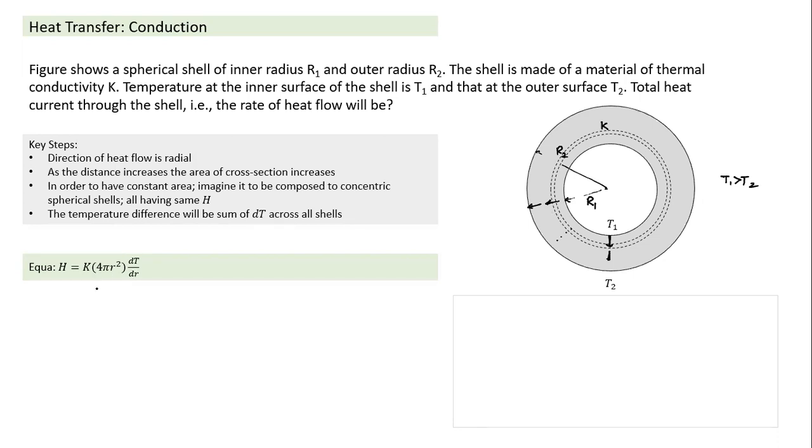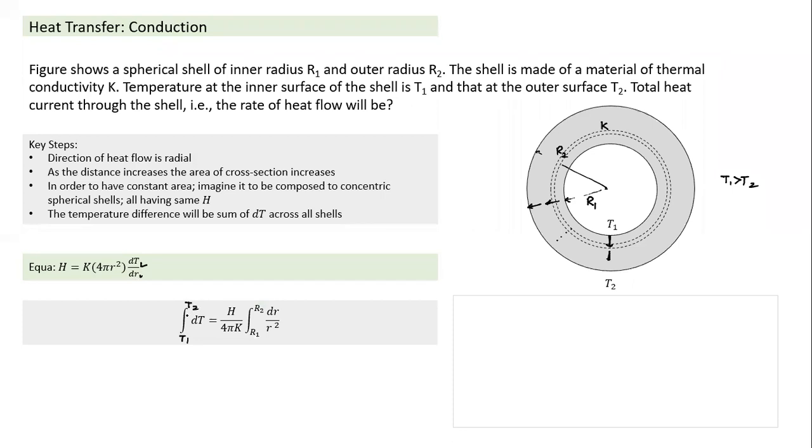So what are the terms which are varying? dT and dr. So if I integrate, I take the dT term on one side. We are given that at R1 the temperature is T1, and at R2 the temperature is T2.